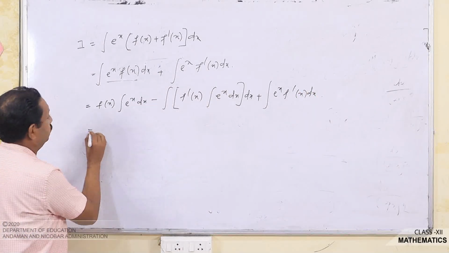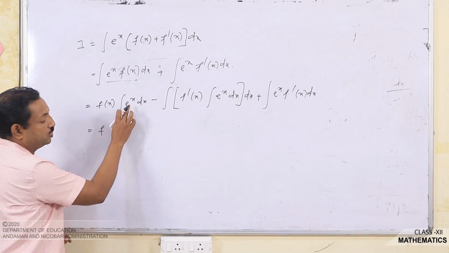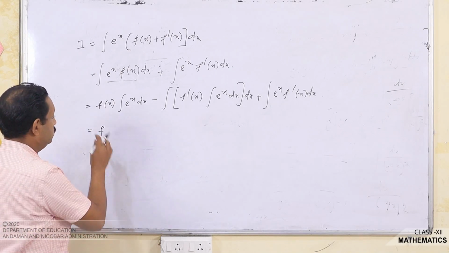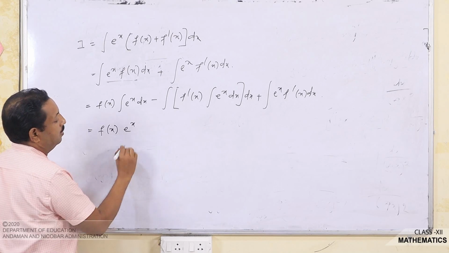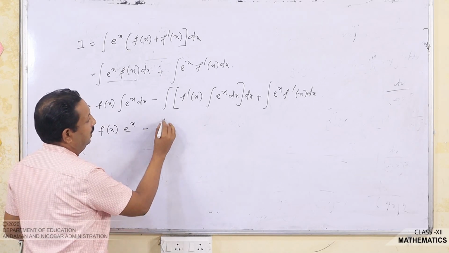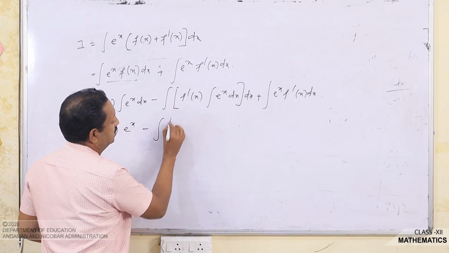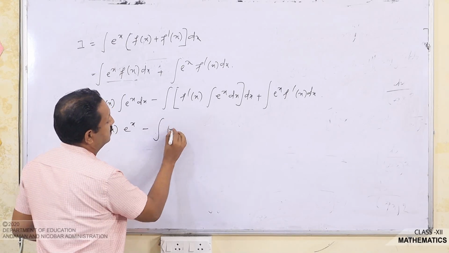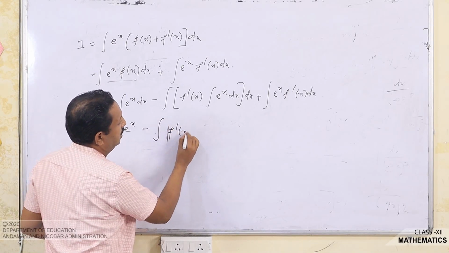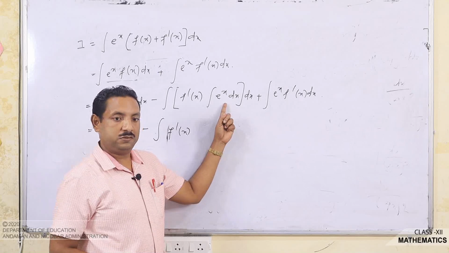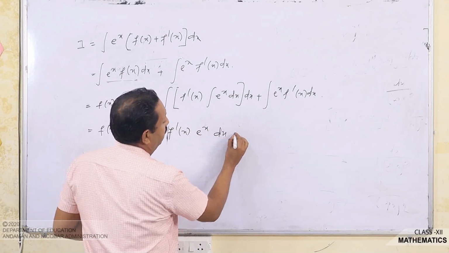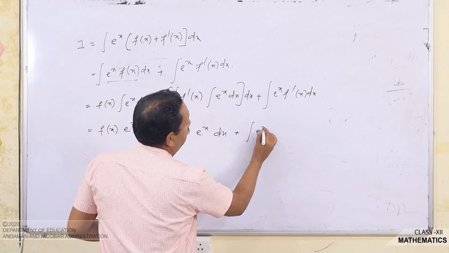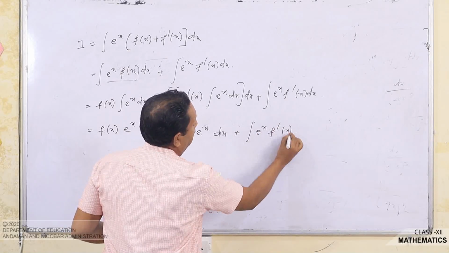So this is equal to f of x, integration of e power x is e power x. So this is f of x e power x minus integration of f dash of x and integration of e power x, that is e power x dx, plus integration of e power x f dash of x dx.